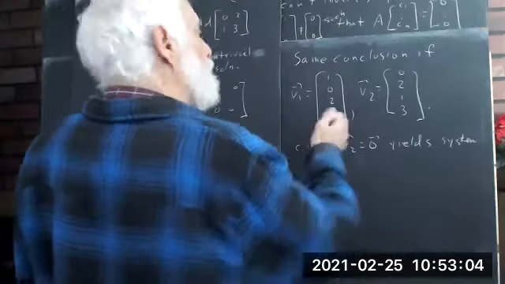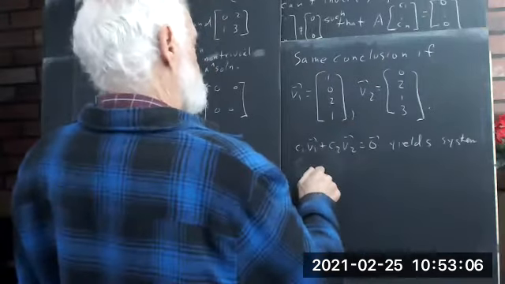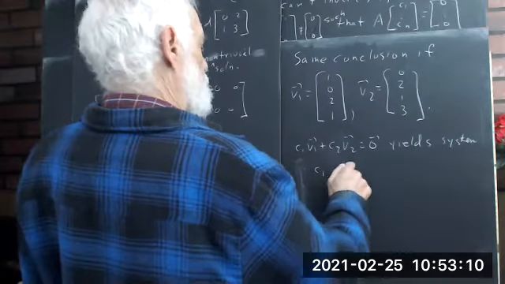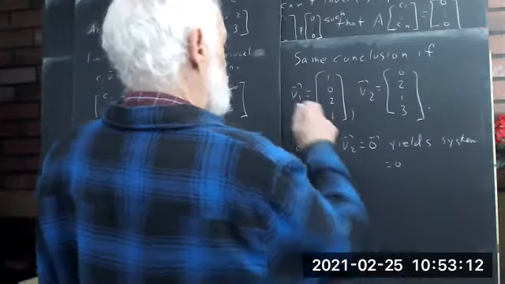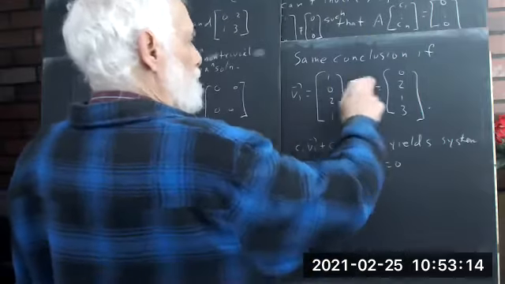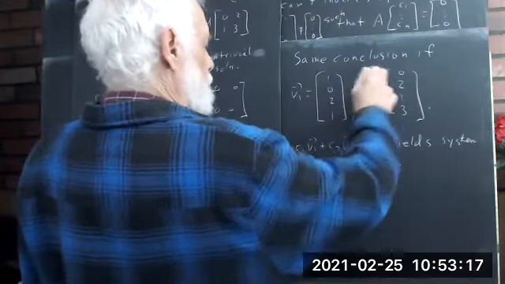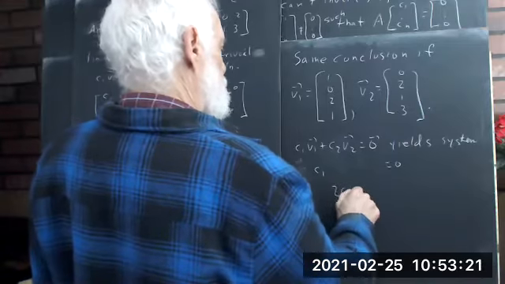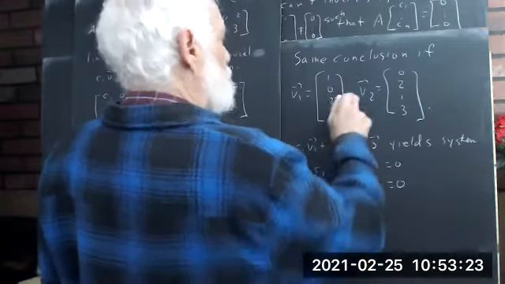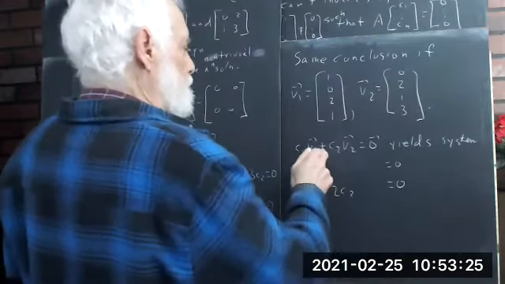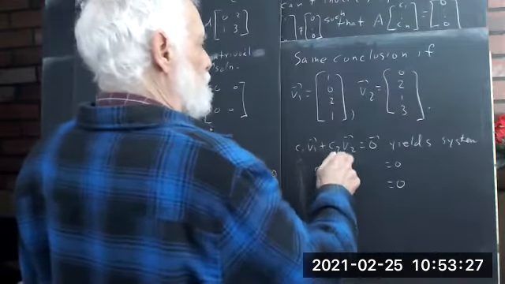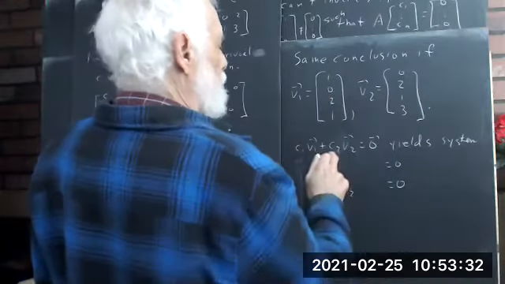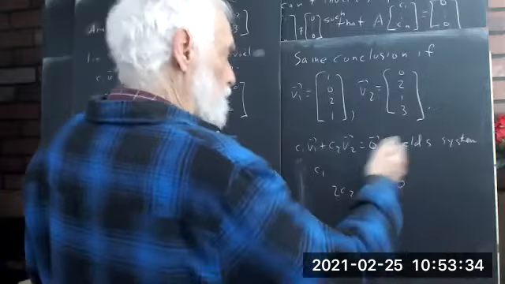I'll just write it out. This yields a system: C1 equals 0, since C1 times this plus C2 times this gives you the 0. Two C2 equals 0, because C1 V1 gives you a 0 here, and C2 V2 gives you 2 C2 here.